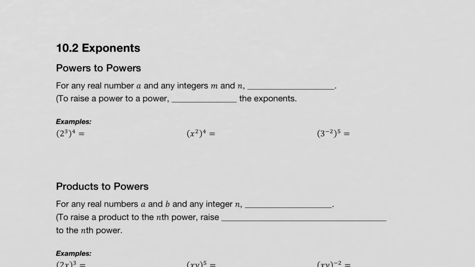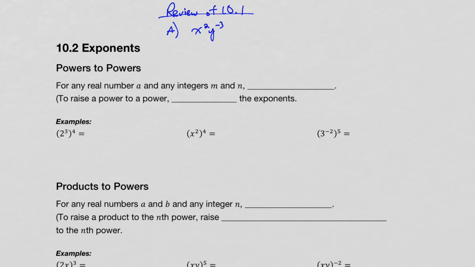Okay, so first of all, we saw negative exponents like x squared y to the negative 3. And you're not allowed to have negative exponents in your answer.